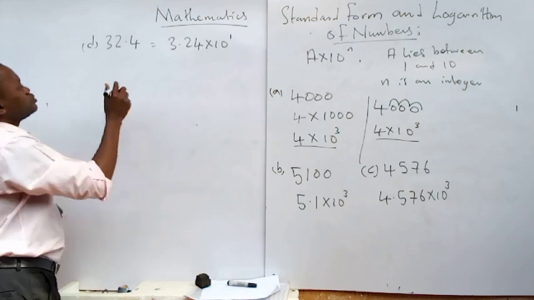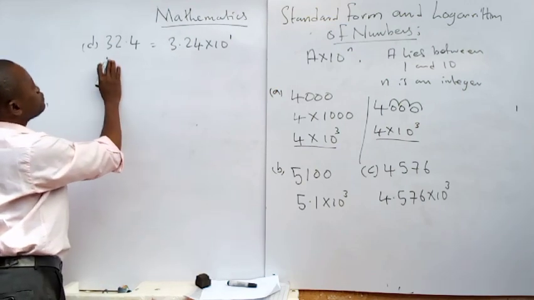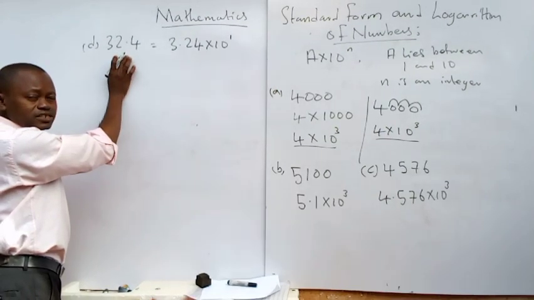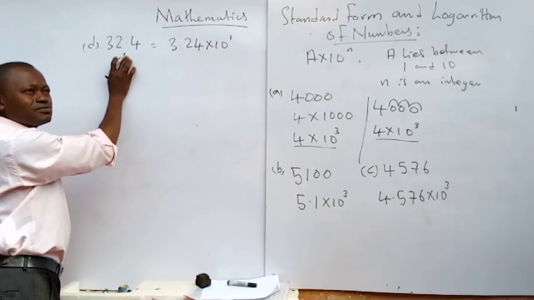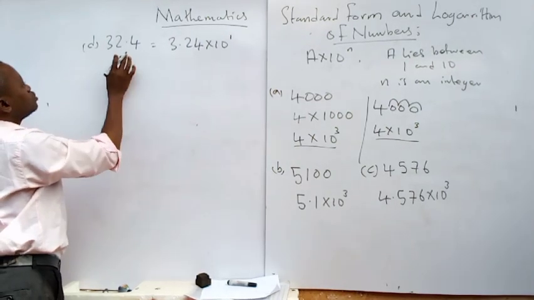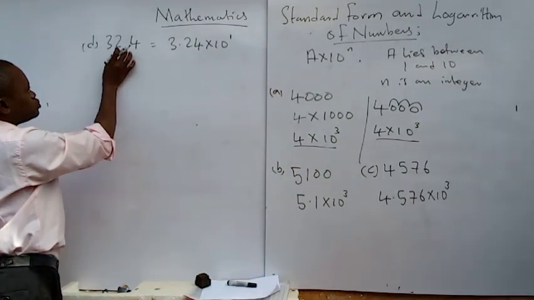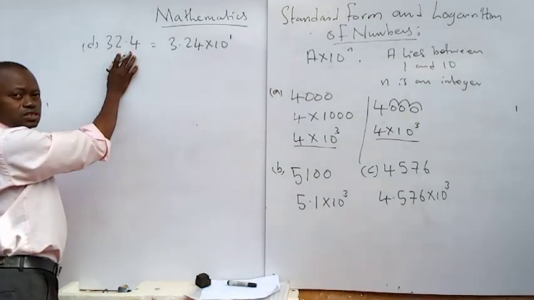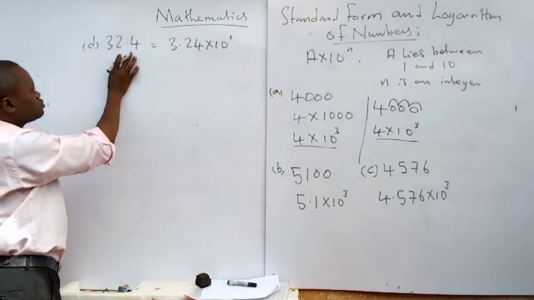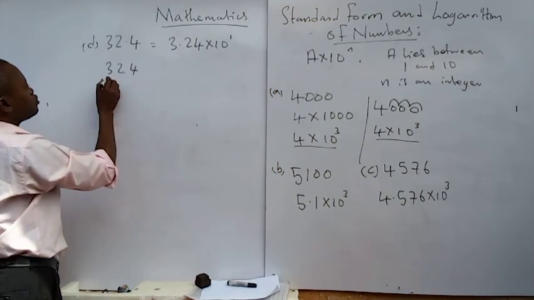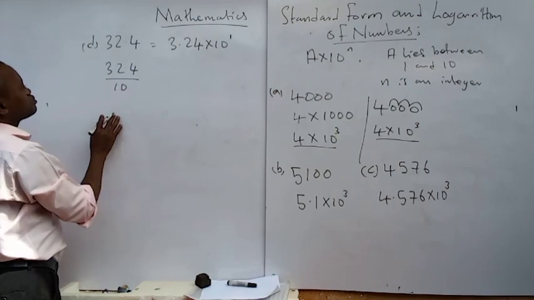Okay, now, if I write this number, I'm sure you know what it means to change a decimal to a fraction. So if I want to change this to a fraction, it is going to be 324 over 10.